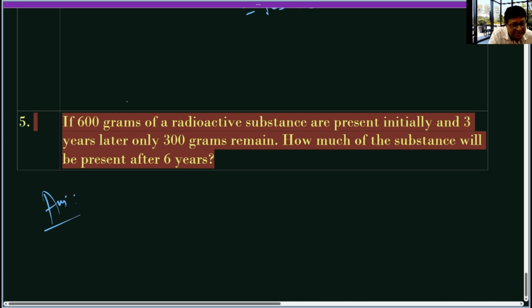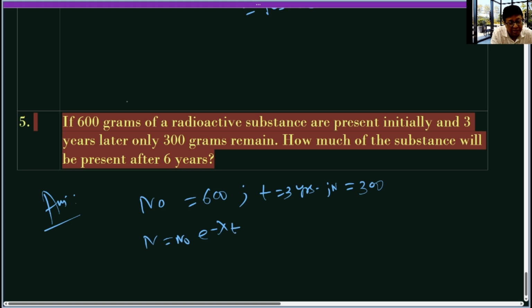After 3 years, N equal to 300. So use the relation: 300 equals 600 e to the power minus lambda into t.